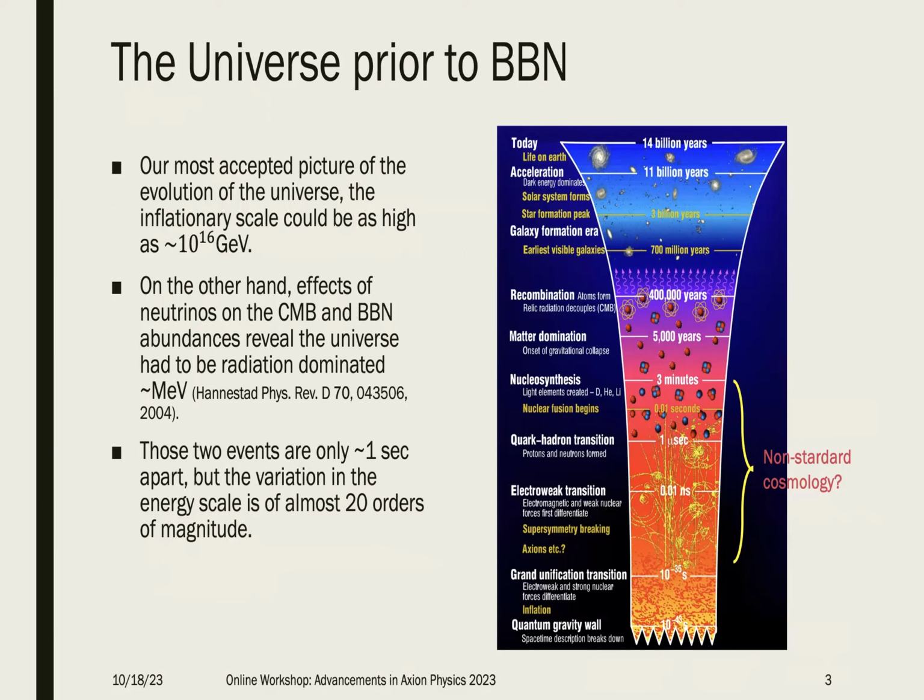So even though these two periods are separated by a really short fraction of time, the energy scale could differ by almost 20 orders of magnitude between those two epochs. So it is not so crazy to think that in between, some other energy form took over the expansion of the universe and left some imprints in the production of cold and hot relics.